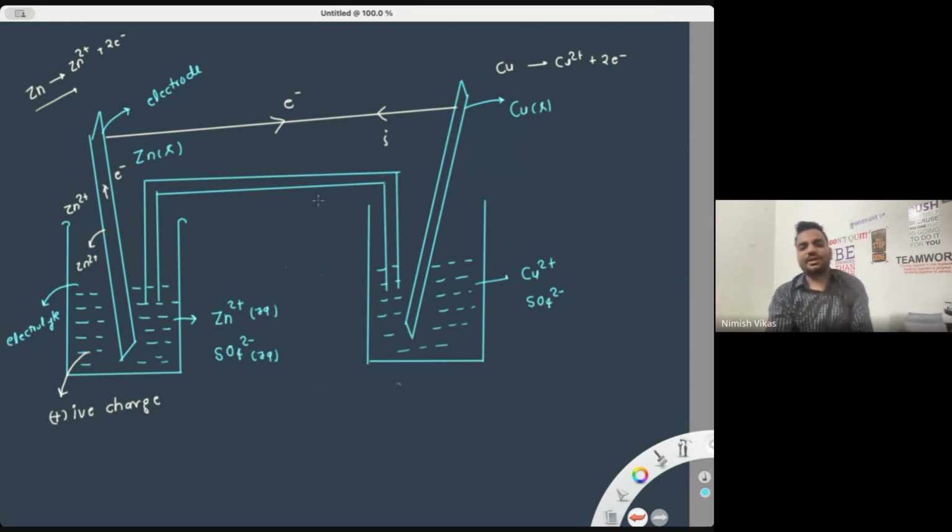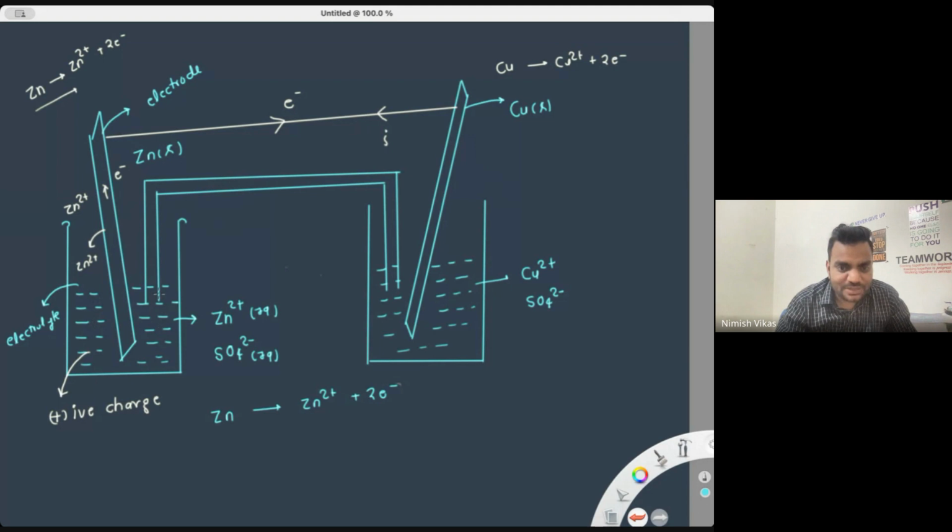We will put it over here. Now the salt bridge is filled with KCl. And now how will this help? So see this carefully. The moment one zinc will become zinc ion and will lose electrons, zinc ion will come to this solution and will make this solution positively charged.